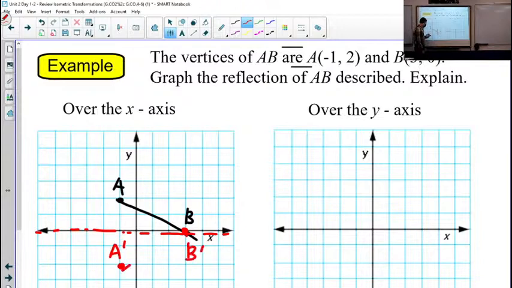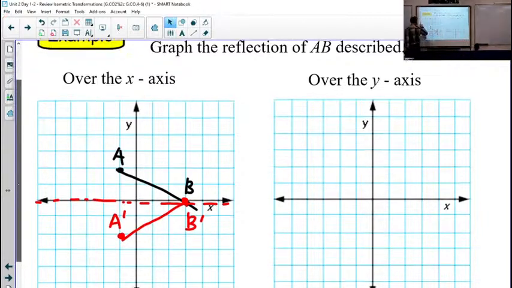So B prime is going to stay where it is. So this is, we're taking a segment and reflecting it. But again, notice all those points that were above the line, they're now that far below the line. So these points here that were slightly above the line, they're now slightly below the line. So we flipped the direction. It was above, now it's below.